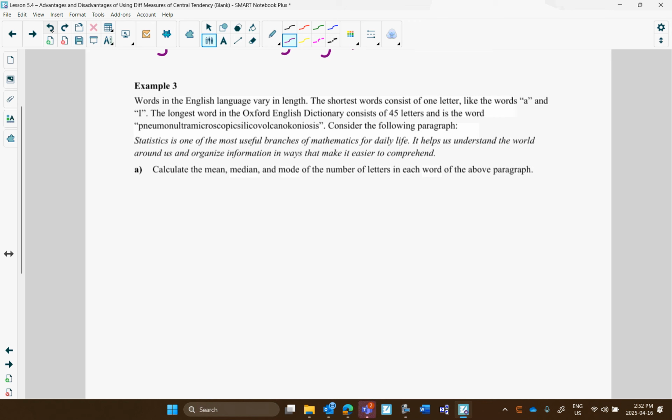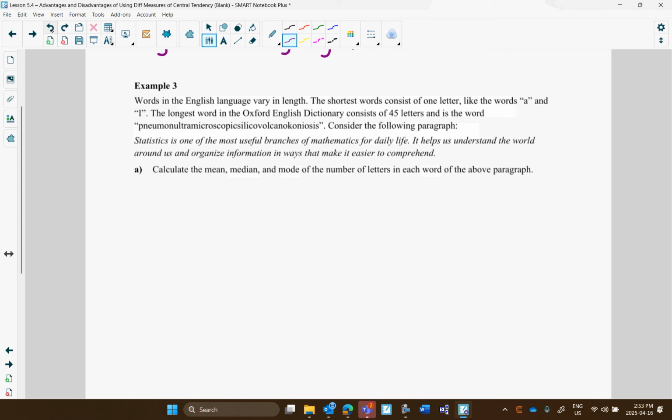Really? Wow. Okay, so we've got the following paragraph about statistics. We want to calculate the mean, median, and mode of the number of letters in each word of the above paragraph. I know this is going to be a lot, so I'm just going to give the information to you.